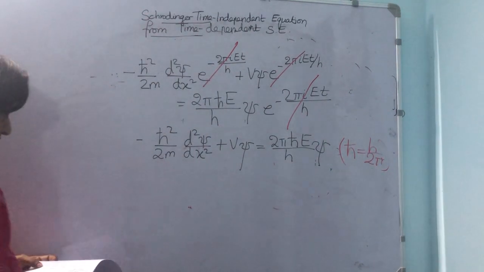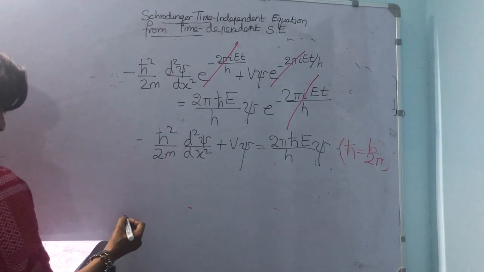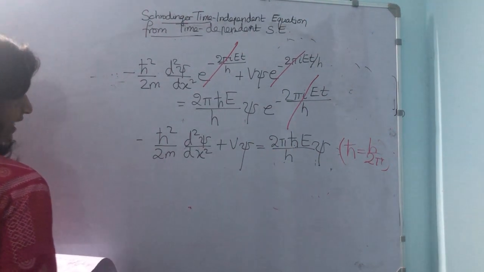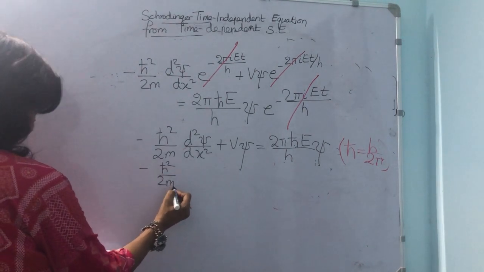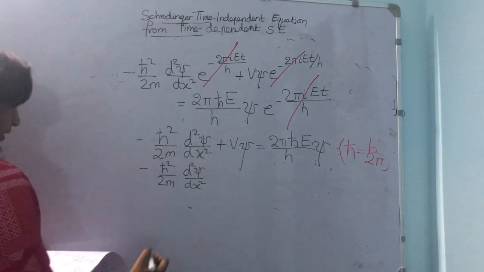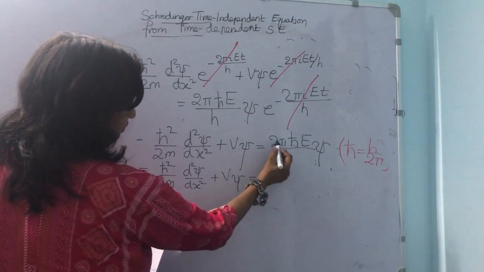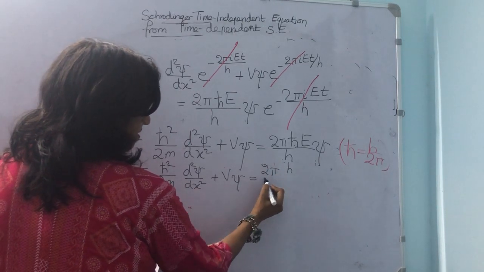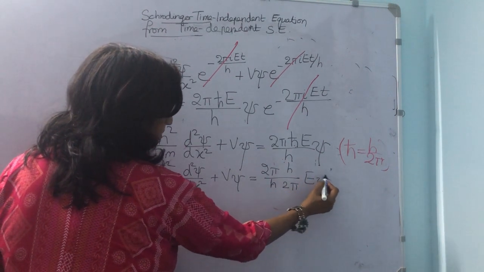So we will put this value here. This h and this h bar will get cancelled. It has become so simple.